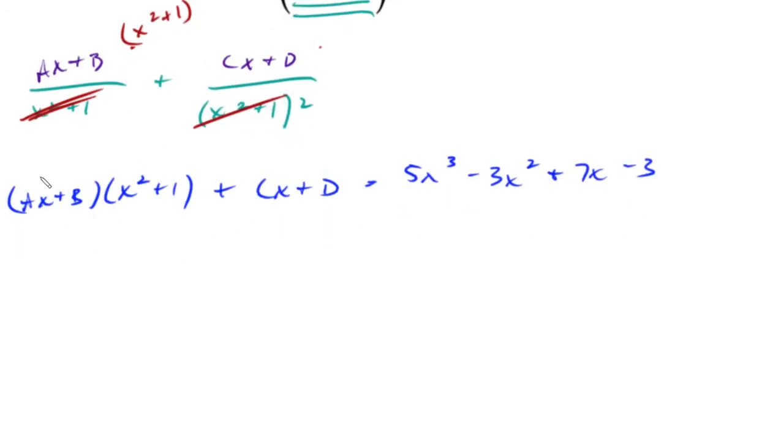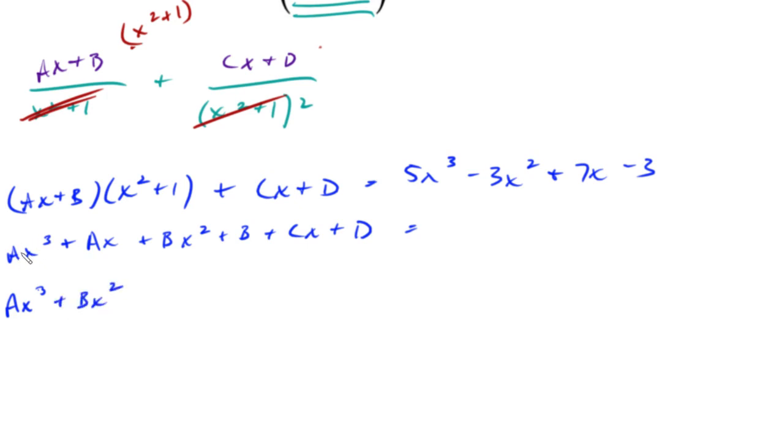And you're going to have to distribute, and you're going to get ax to the third plus ax plus bx squared plus b plus cx plus d equals this whole thing. Combine all of your x's to the appropriate powers together.